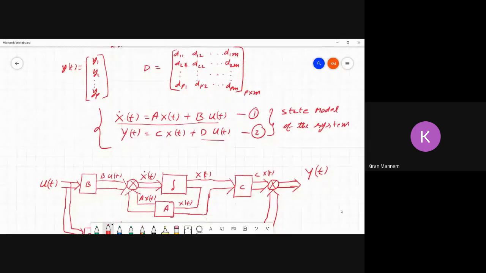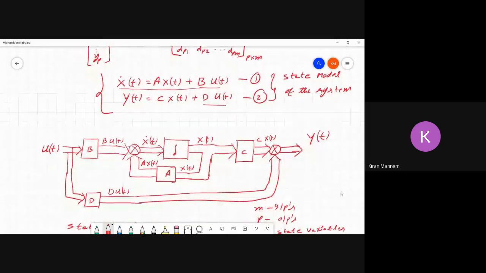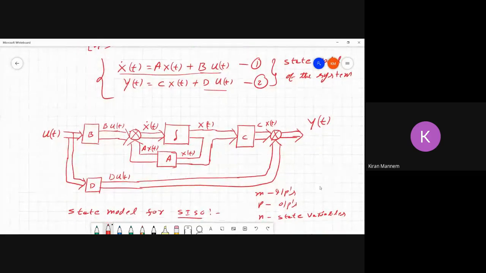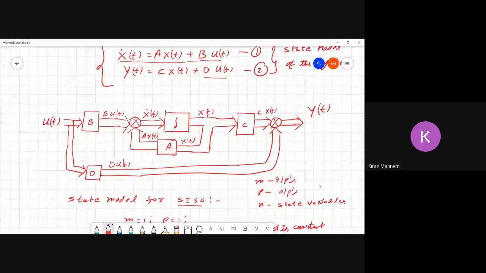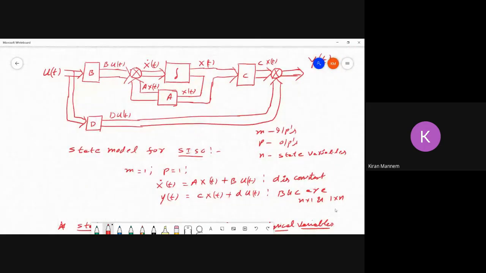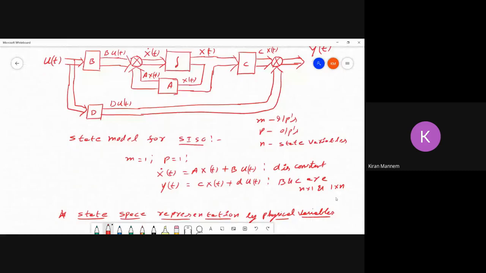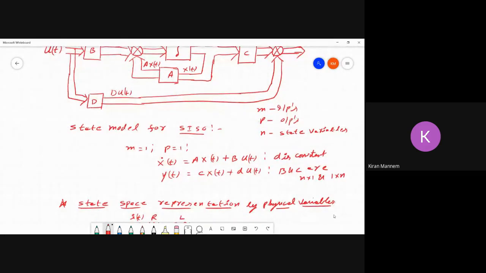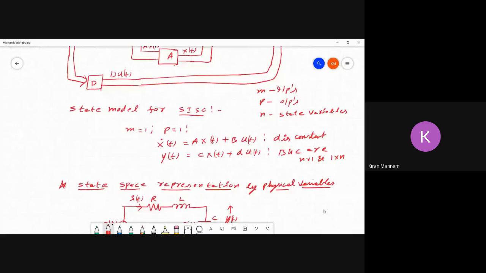And we have drawn the block diagram for the state model of MIMO. Then for the state model of SISO, just put M equal to 1, P equal to 1, and we get the state model of the SISO system.